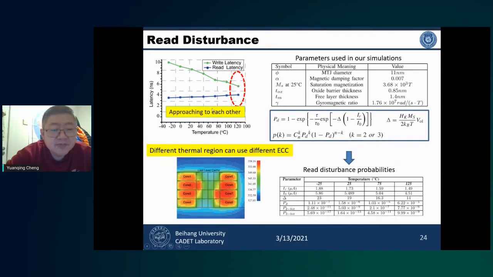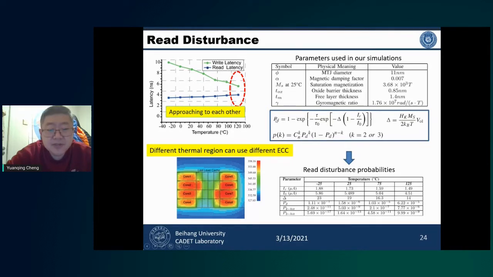As we mentioned before, with the temperature increase, the write and the read latency approach each other, and the read current and write current approach each other too. This is the parameter we used in our simulations.